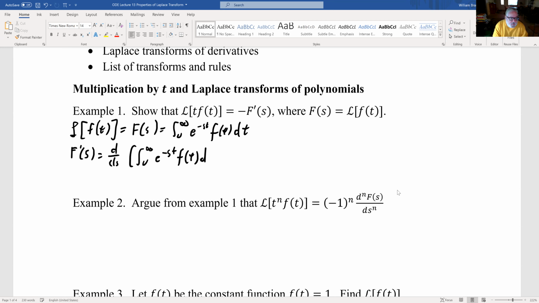And generally, the fundamental rule of calculus tells us that we can interchange differentiation and integration as long as we're not tinkering with the variable that is being integrated.